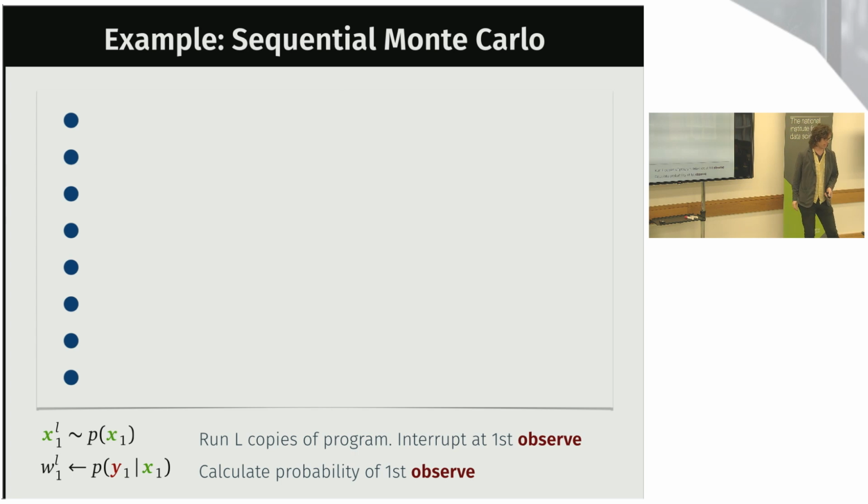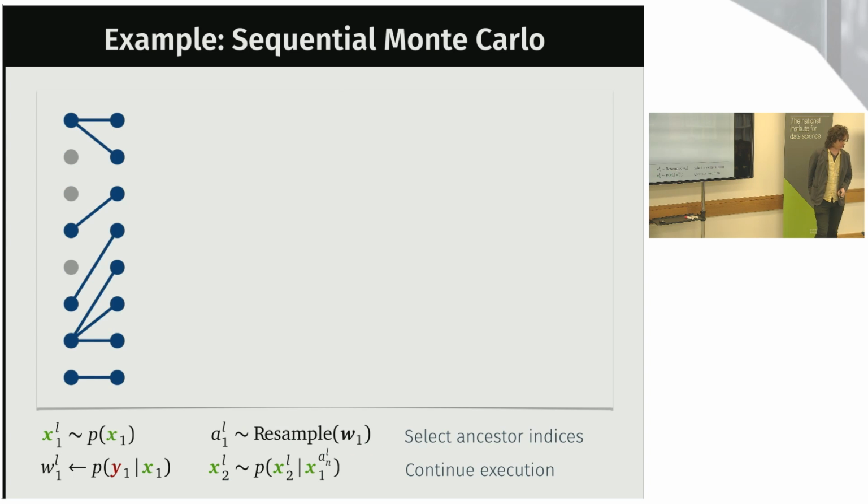You start by running, say, L different copies of the program, represented by blue dots. You run them forward until you hit an observe statement. If you hit a sample statement, you just simulate. At the observe statement, you compute a probability. Then you say, some of these are good and some of these are bad, so I'm going to duplicate the ones that run well and kill off the ones that don't. This is standard SMC, only now each one of these is a running program, and you've duplicated copies of currently running programs according to how well they match the observe.